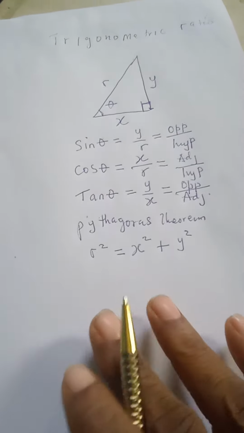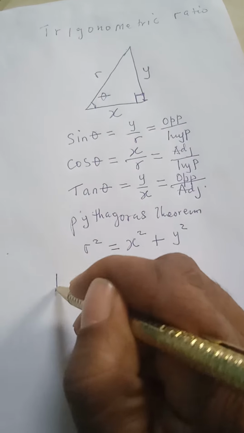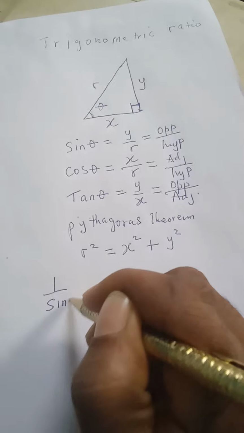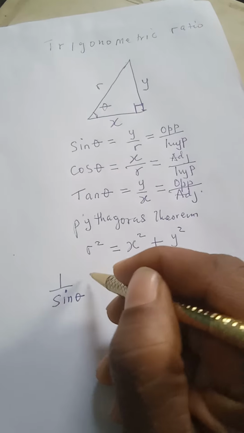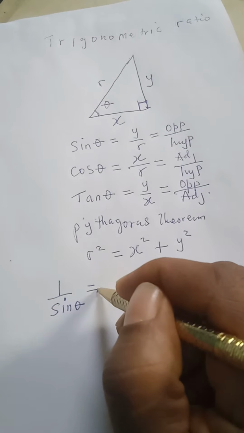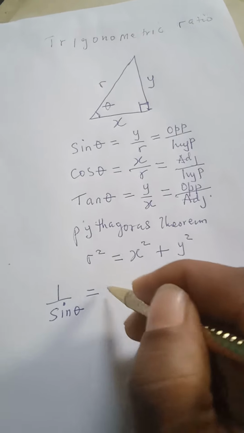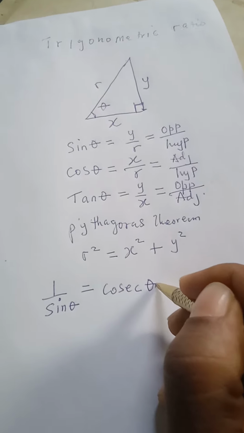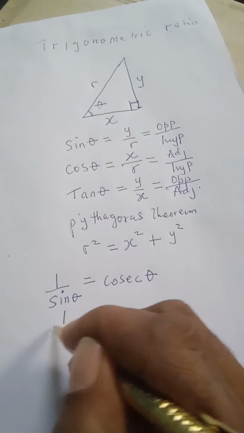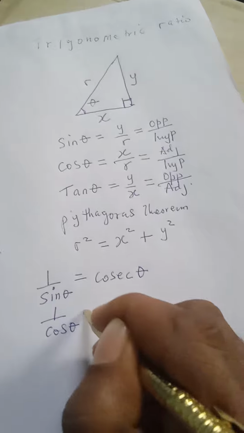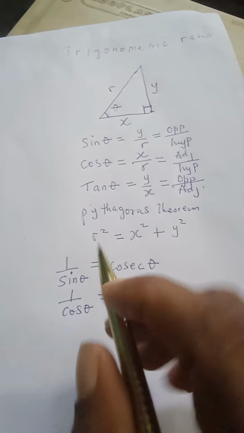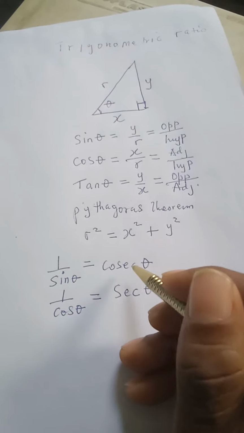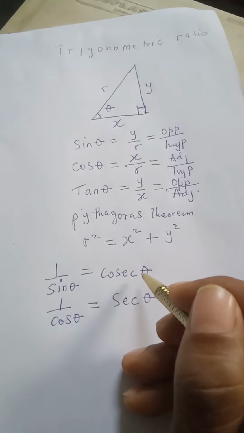That is 1 over sine theta, which is called cosec theta. 1 over cos theta is called sec theta, the short form of secant of angle theta. 1 over sine theta is the short form of cosecant of angle theta.